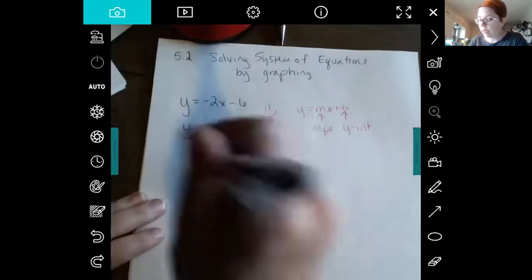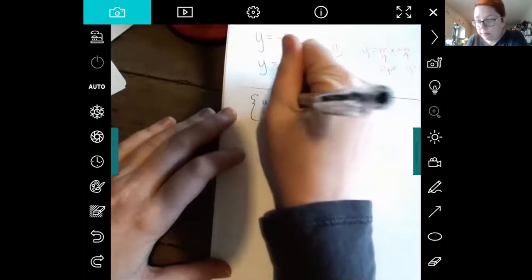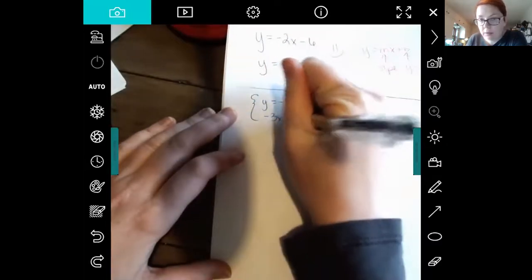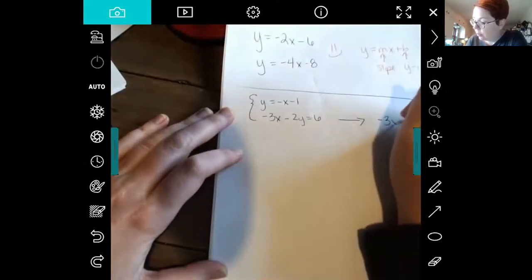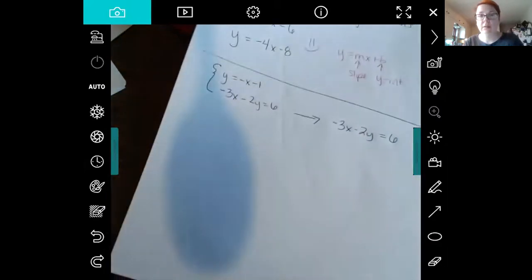And then in our second equation, we're going to change that. All right, so I'm going to flip it back over so we can see the math to get this changed.